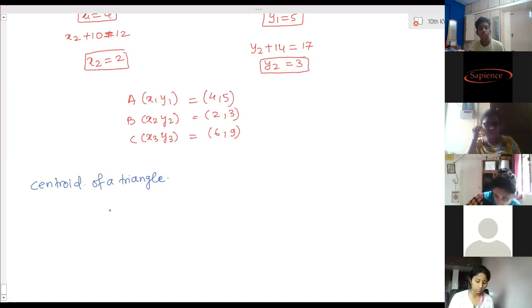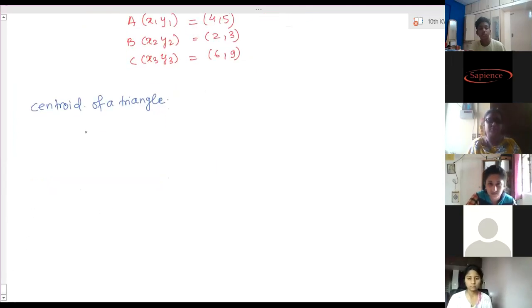Any idea about a centroid? The point of concurrence of medians. Centroid, intersection of all three medians.